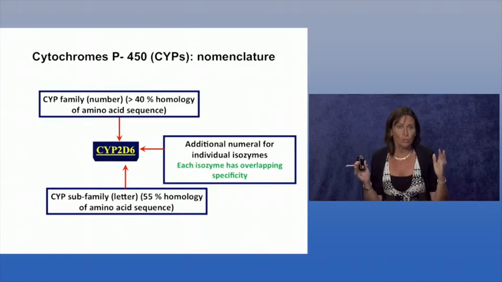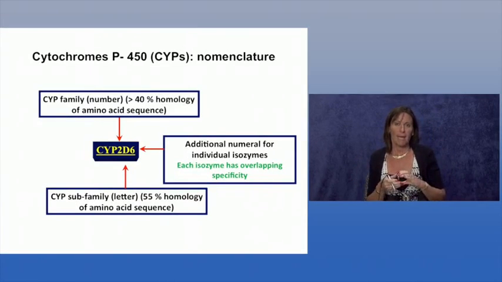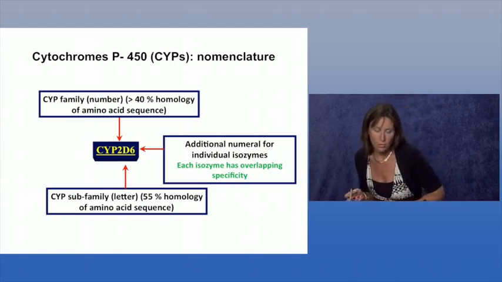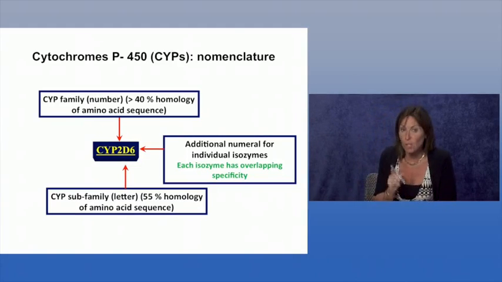Now this is a huge family of enzymes, and therefore there is a value to appreciating the nomenclature in somewhat greater detail. So what I am showing you here is an example of just one CYP enzyme, and this is CYP2D6. So what do all these 2D6 letters mean?